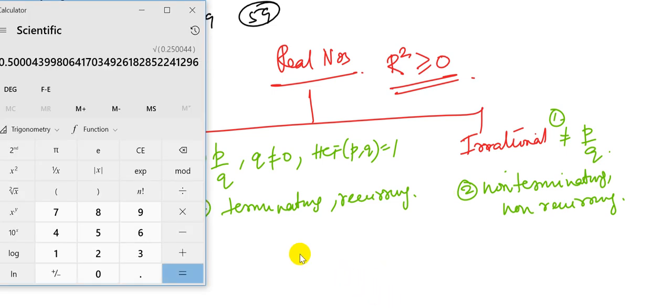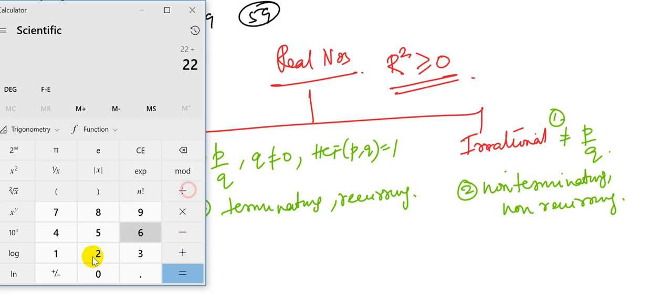For example, if you look at the number pi, 3.14159265, whatever, there is no repetition, right? But if I take the number 1 divided by 3, this is 0.3333, which is called recurring. The other one is called non-terminating, non-recurring. This is the difference. So that is why pi is irrational. Now we write pi as 22 by 7.